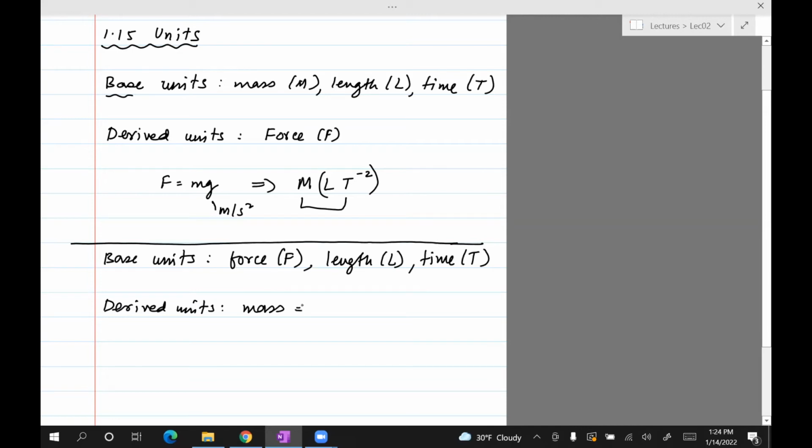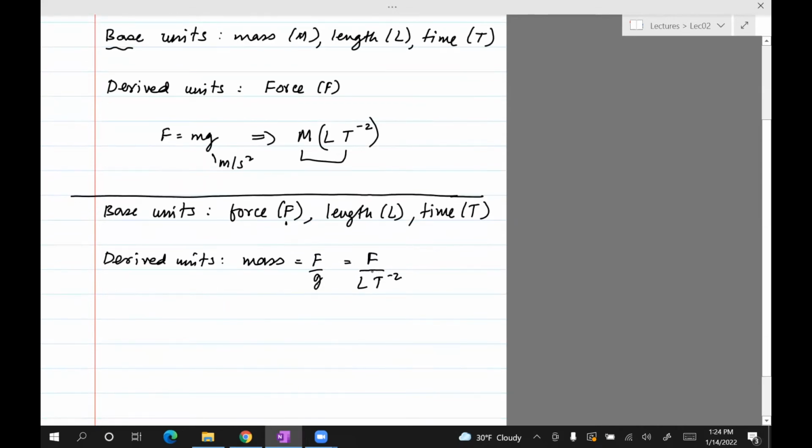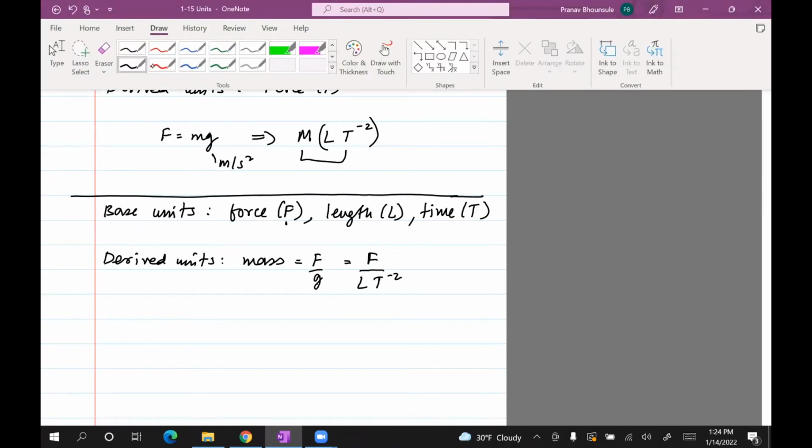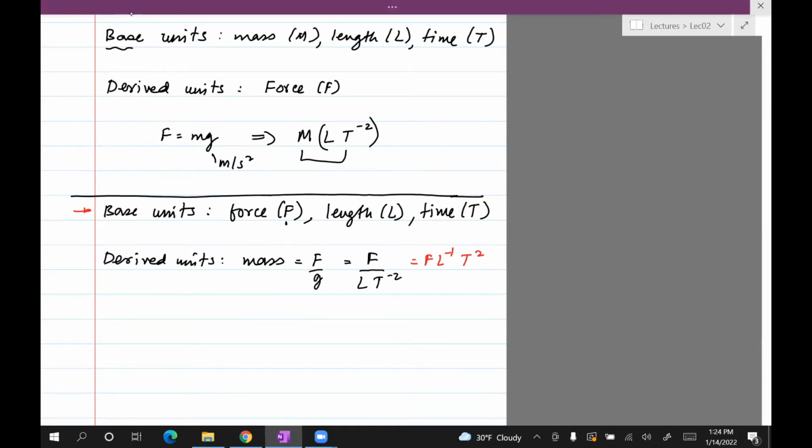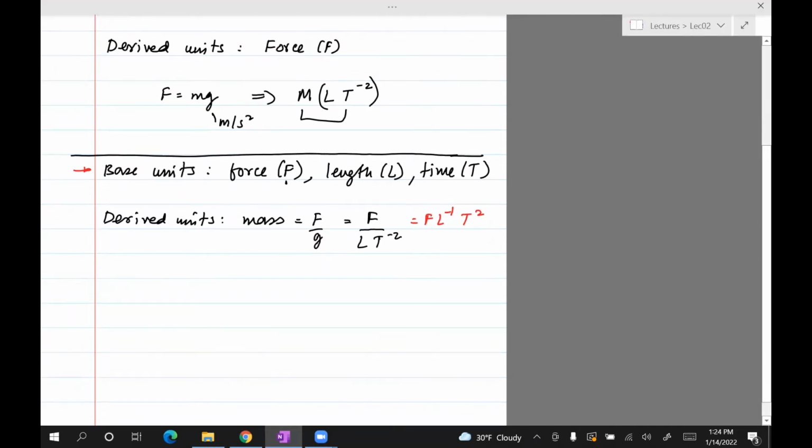Find a definition for mass: force divided by gravity. The base unit for force is F, and for gravity it is length divided by time squared, L T^-2. So the units for mass in this new system of base units are F L^-1 T^2. This just shows you different ways in which you can go about having units.